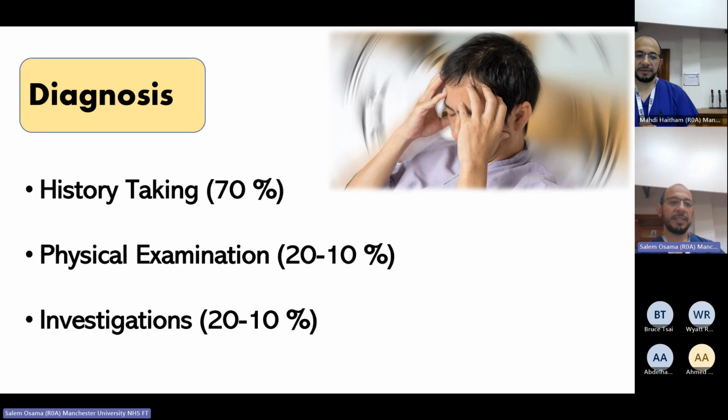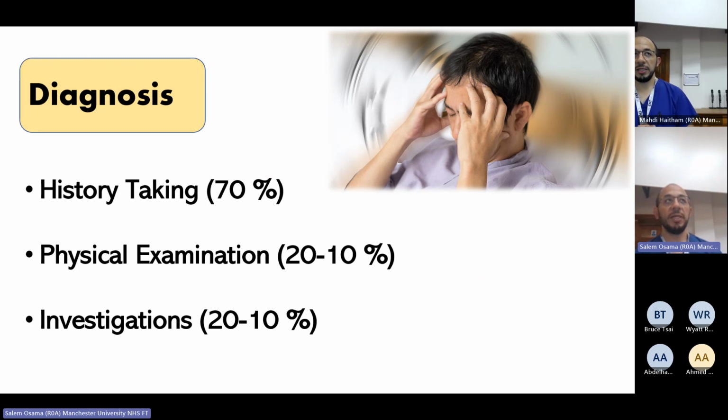But in these slides, you see that 70% of your diagnosis depends on your history taking skills. If you don't take the history properly, you'll never figure out what the problem is. Even the investigation, and maybe some people will be surprised, is only 10 to 20%.